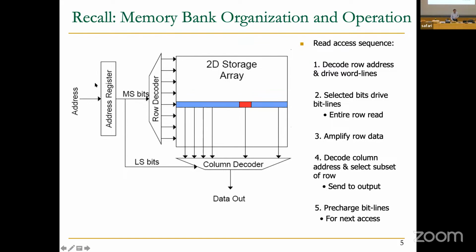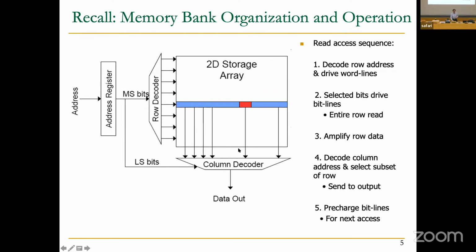And whenever we actually want to access something, we first need to drive the row, essentially access a much larger row than what we really need to access, which is the red part over here. And that's called word line driving, essentially. And then this enables the bit cells to be connected to the bit lines. So as a result, you read those bit lines to some sense amplifiers.